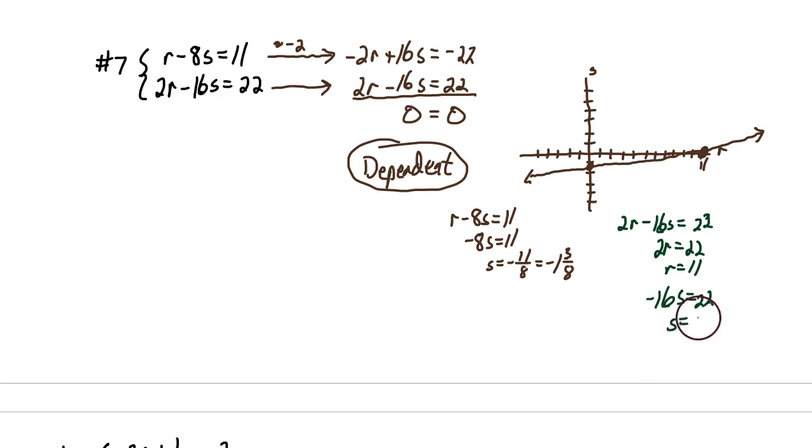Divide both sides by negative 16 and we get negative 22 over 16, which reduces to negative 1 and 3/8. That's the same dot we had on our other graph. When we draw through them, notice that this line is overlapping the first line. These lines coincide. All solutions to one of them are also solutions to the other one.